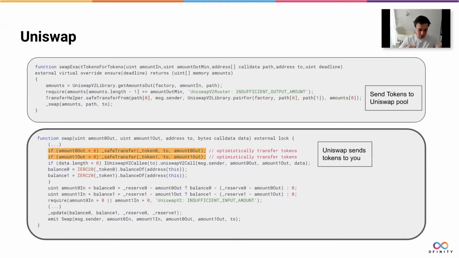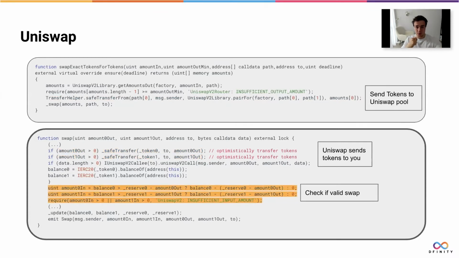Then this routes you to the core contract, and in the core contract, Uniswap will already transfer out your requested amount of tokens. So the exchange has already happened on the token contracts. In a last step, Uniswap will check if the actual amounts fit according to the price. And if it doesn't fit, here is where the synchrony of the chains comes in.